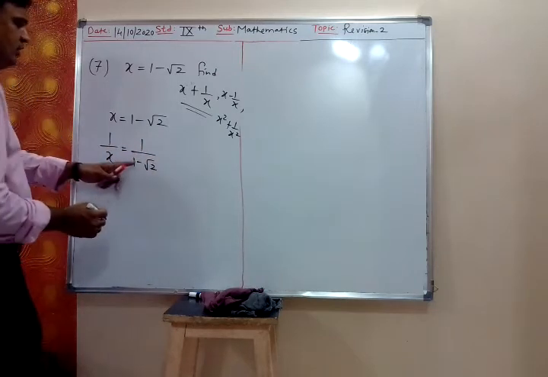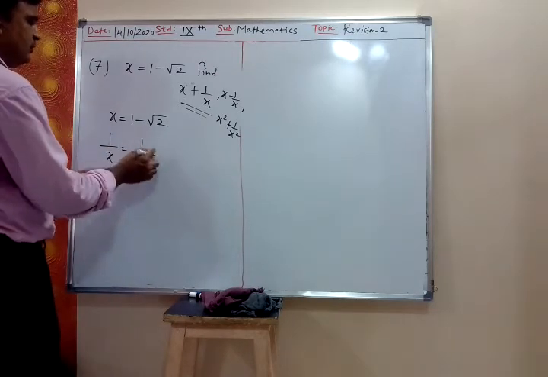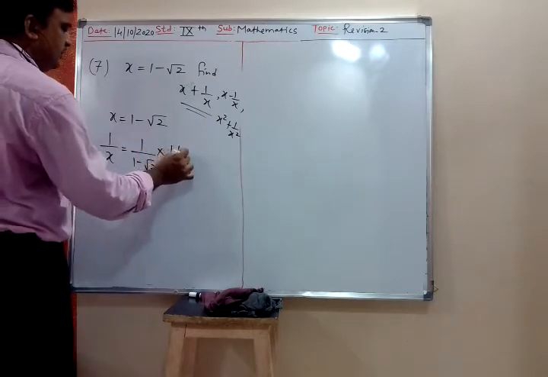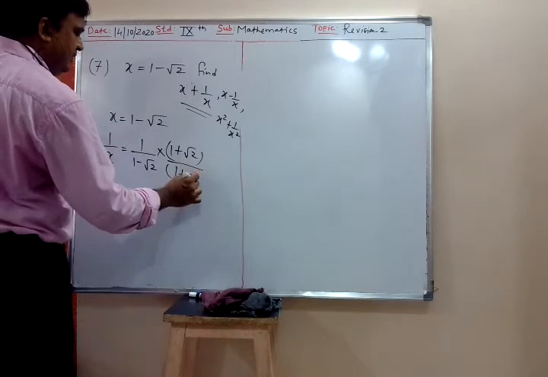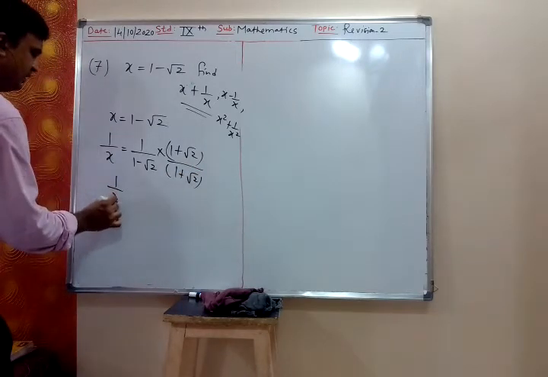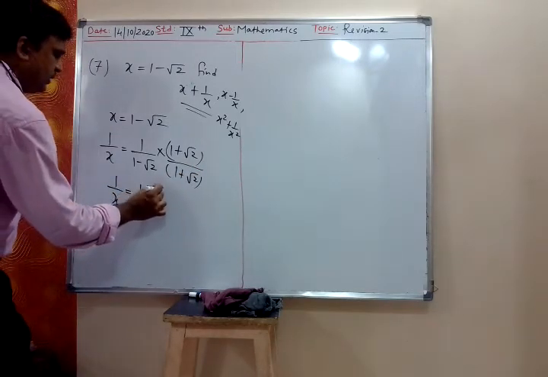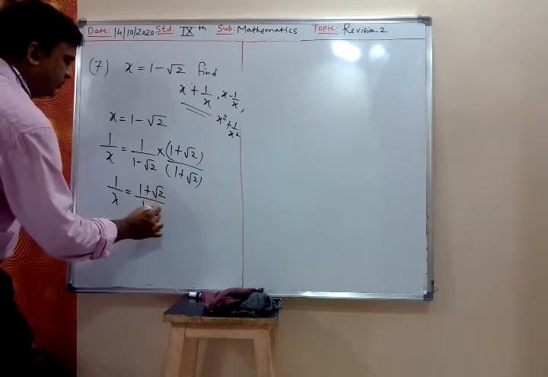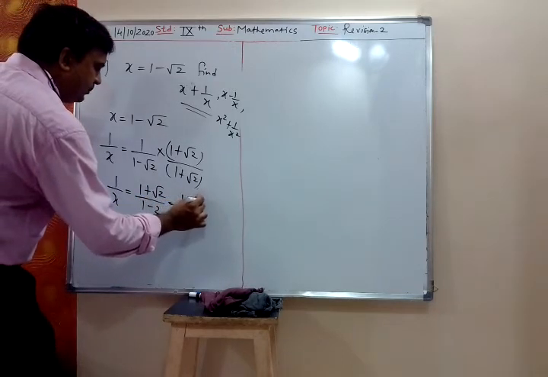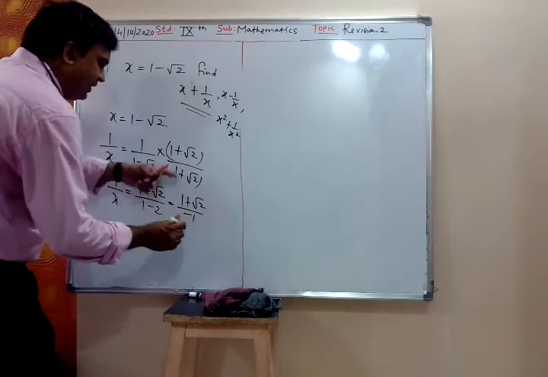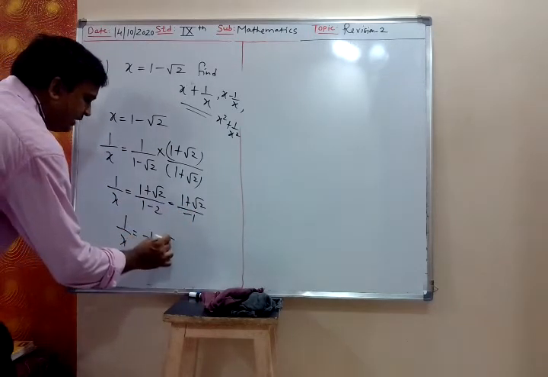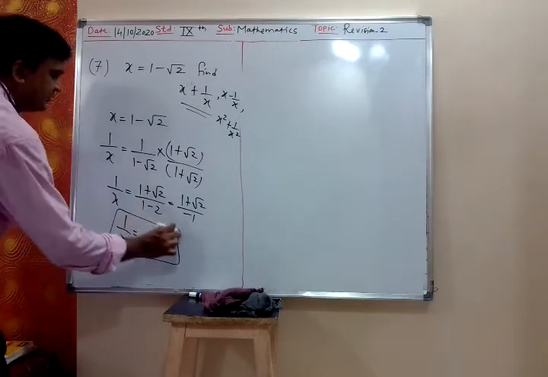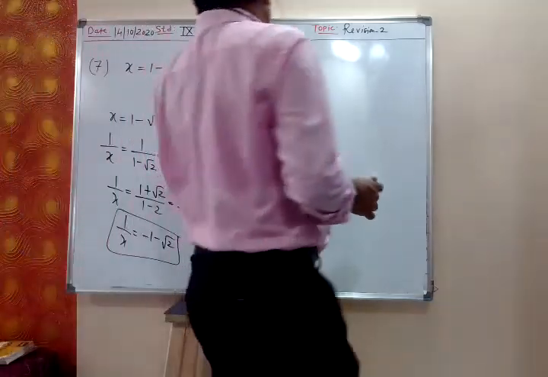Then rationalize the denominator, multiply and divide by 1 plus root 2. This we have done. 1 upon x is 1 plus root 2 upon 1 minus 2, that is 1 plus root 2 upon minus 1. Minus sign I can take up, so 1 by x is minus 1 minus root 2. Then further part you can do.